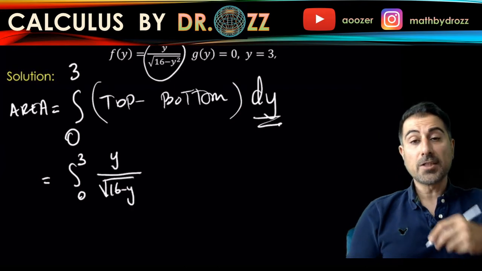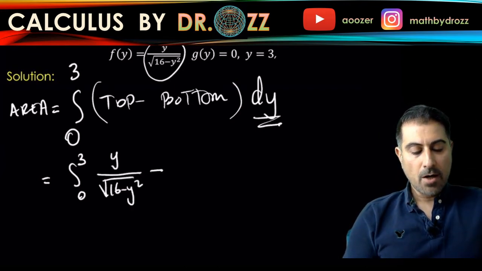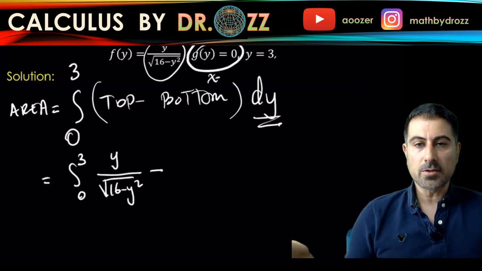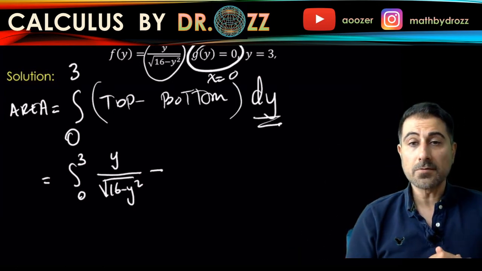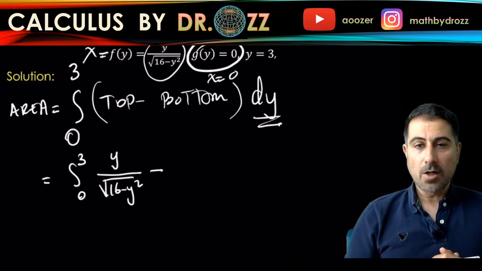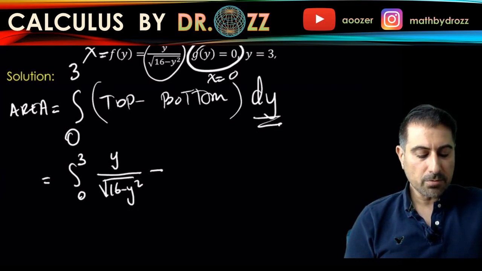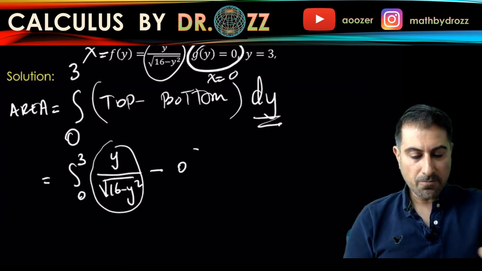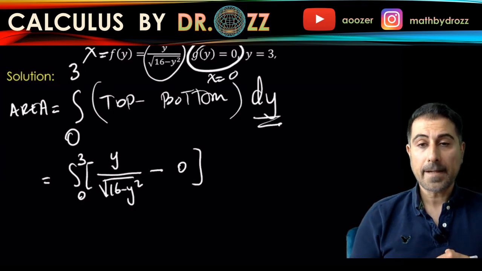And the bottom function is the y-axis, but another way of representing that is just saying x equals 0. So this is also your x equals f of y, a function of y, and x equals that, minus x equals 0. So this is exactly what I'm going to do the integration for, and this is in terms of y.